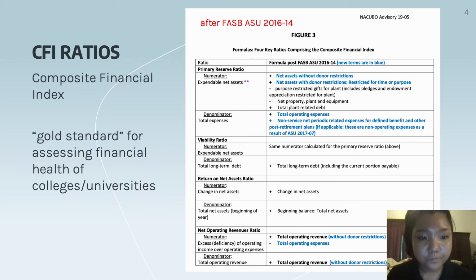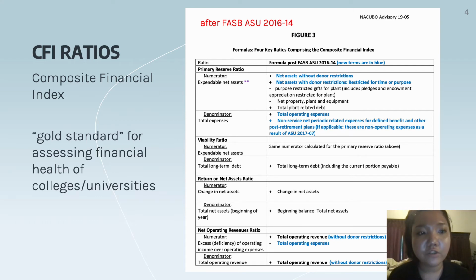Everything else is pretty much normal, except under the net operating revenues ratio, we have the total operating revenue without donor restrictions, and then we subtract the total operating expenses. So anything that has to do with donor restrictions, because of that classification change in ASU 2016-14, we have the new updated ratios here.